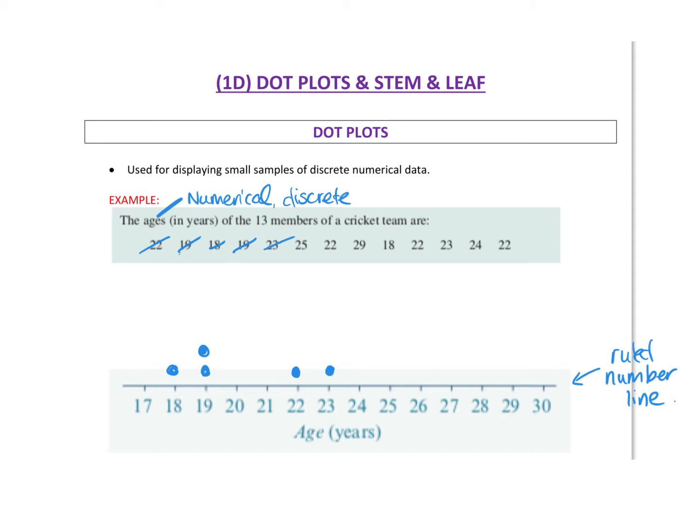So if I quickly go through it, you end up with 2 on 18. You can see I'm lining the second one up with all the other second ones. And we had 4 on 22, 2 on 23, 1 on 24, and 1 on 29. Okay, so we have this dot plot.